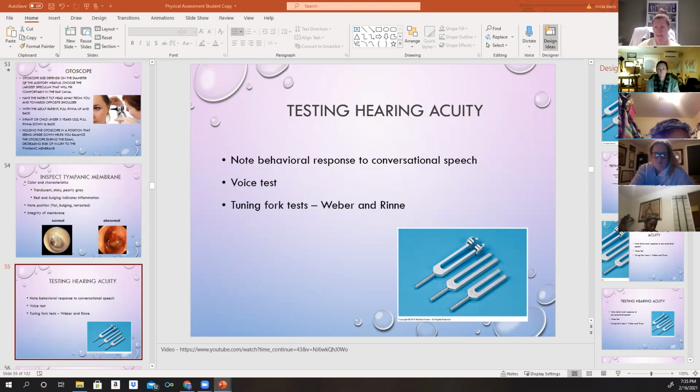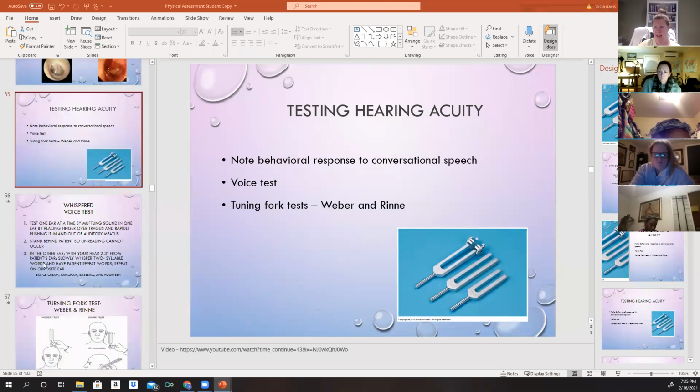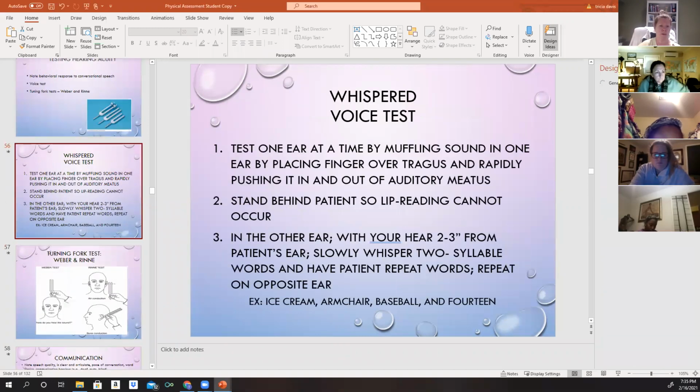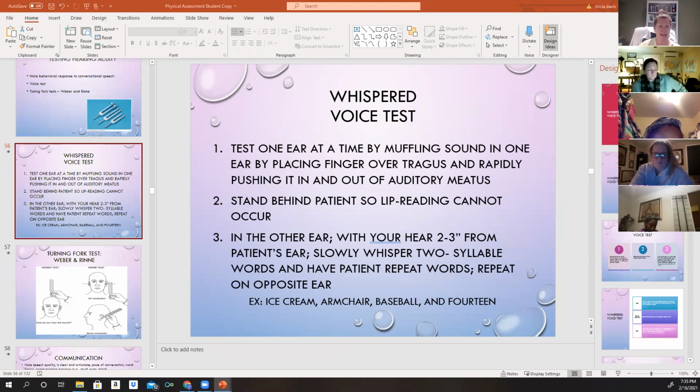We use the whisper test somehow. We'll talk a little bit about that. So the whisper test is when you test one ear at a time by muffling the sound in one ear by placing your finger over the tragus and rapidly pushing it in and out of that auditory meatus, that little hole. You stand behind the patient so they can't read your lips.